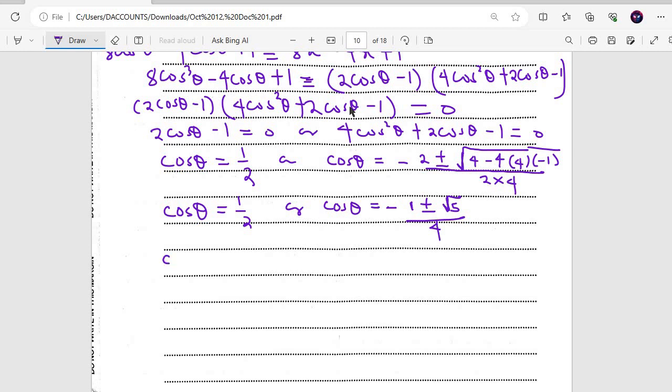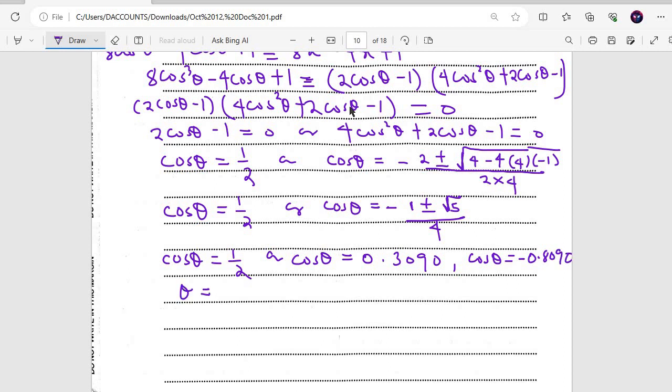So in this case, cos theta equal to half, or cos theta equal to minus 1 plus root 5 over 4. One will give us 0.3090, the other gives minus 0.8090.